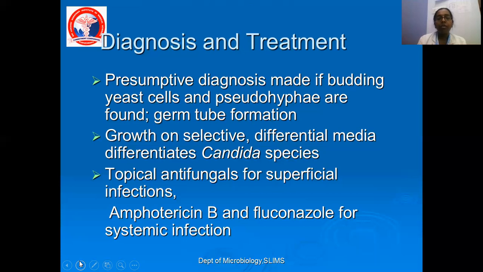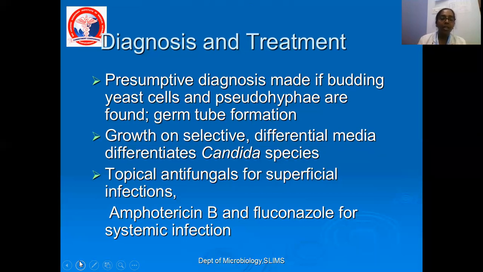Usually it is a treatable condition, so topical antifungals can be given. It depends upon the area where the lesion is present. Suppose it is present on the skin, we can just give topical creams.